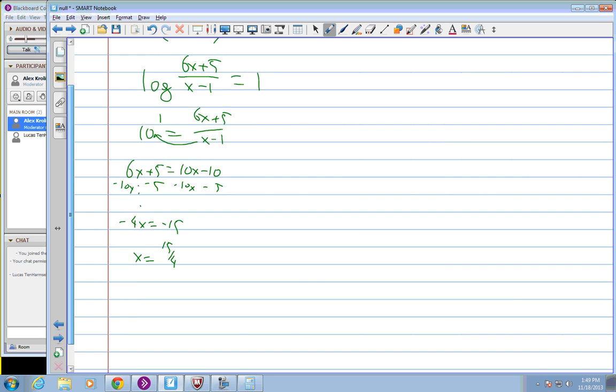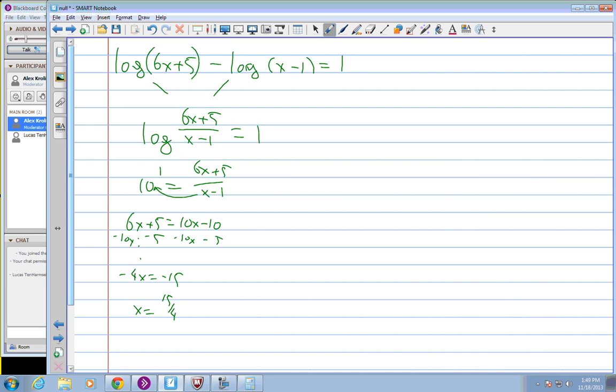We have to make sure that 15 fourths does not turn any insides into a negative number, right? So 15 fourths is positive, so it works in the first log, still positive. And 15 fourths is greater than 1, so it works in the second log, still positive. So you just kind of want to double check.